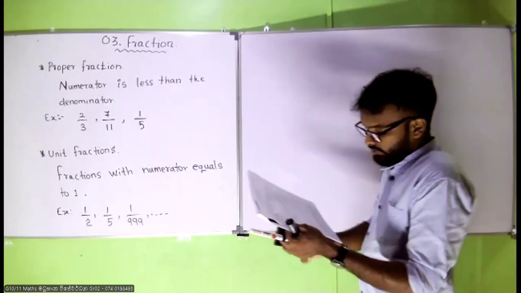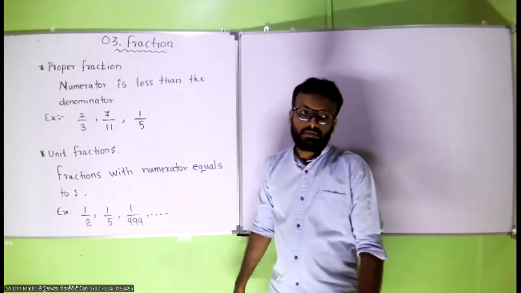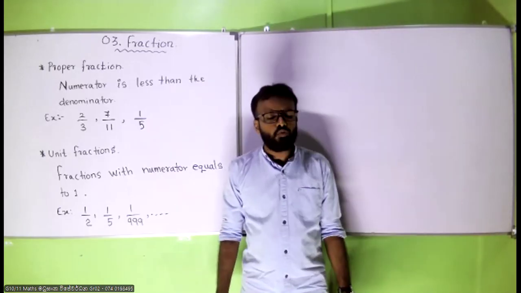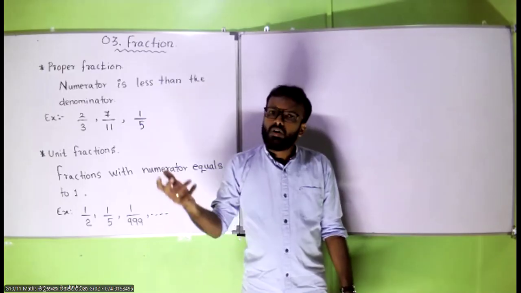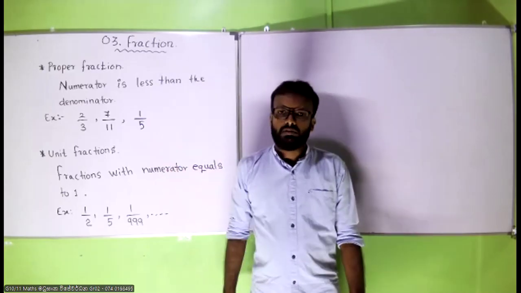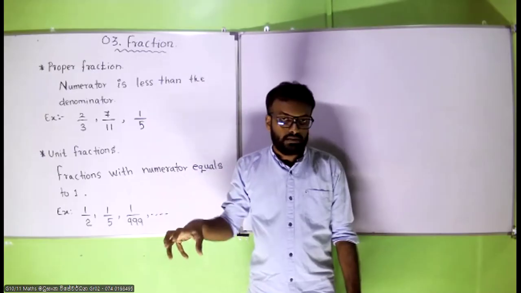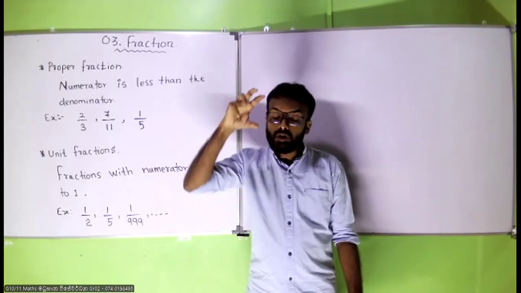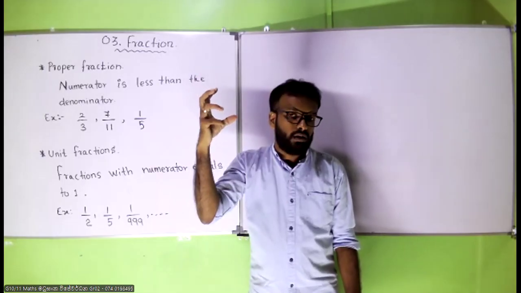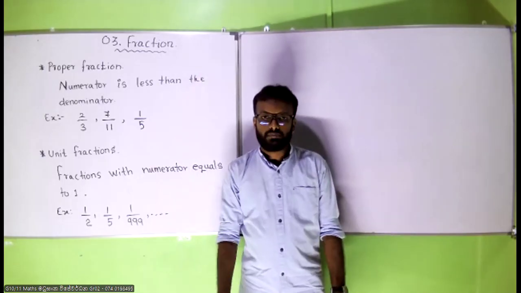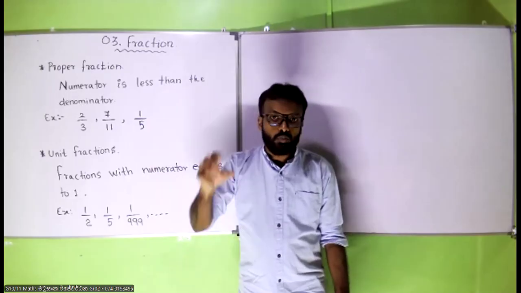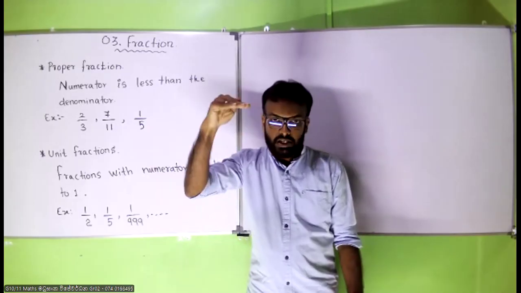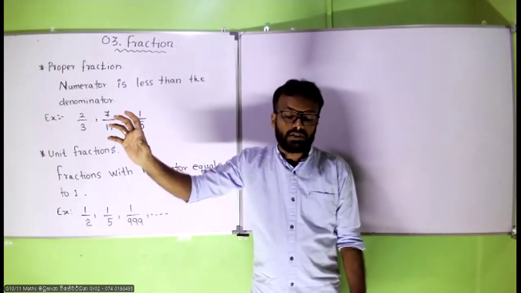Then comparison of fractions. How are you going to compare two fractions together? There might be different cases, but you need to know how to compare fractions. Sometimes the numerator is fixed and the denominator differs.